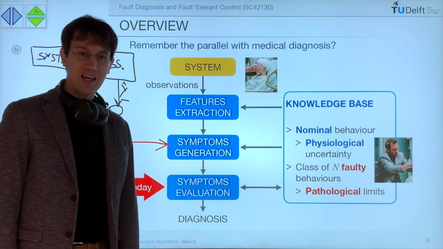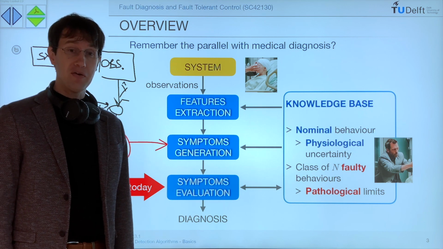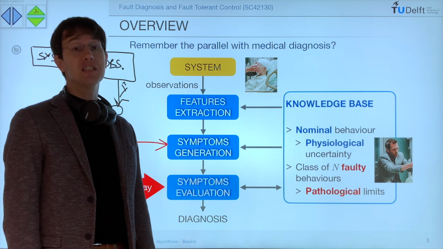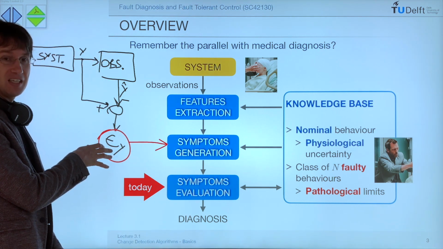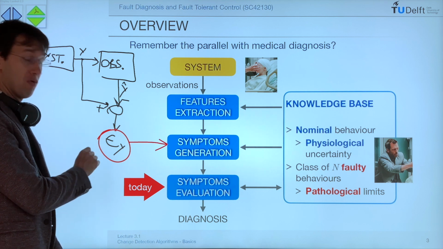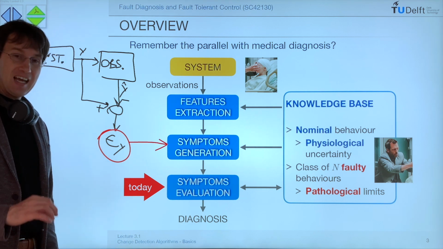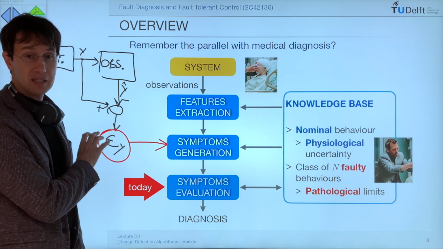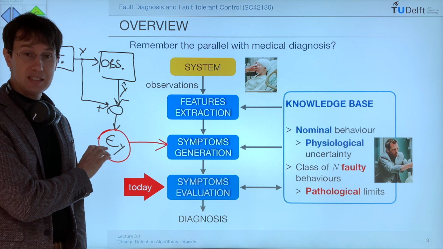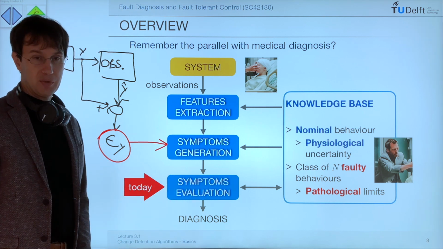Because normally, if our observer is perfect, if there is no measurement noise, and if the system is healthy, EY should be small. So when EY is not small, we can conclude something is going on. And detecting that this is not small and something is wrong is indeed the topic of this step, symptom evaluation.